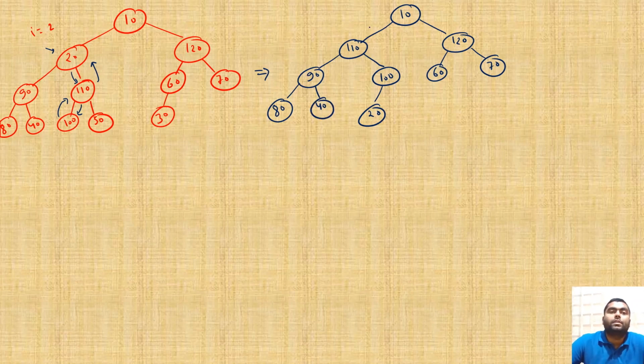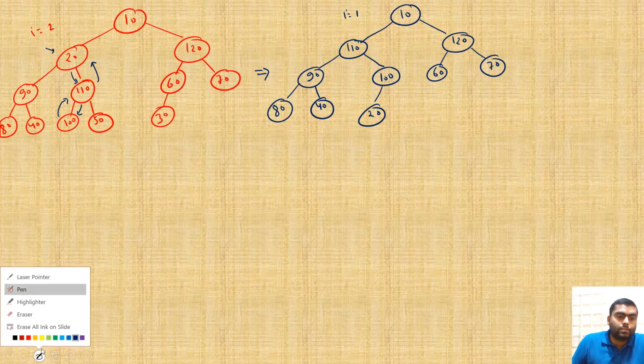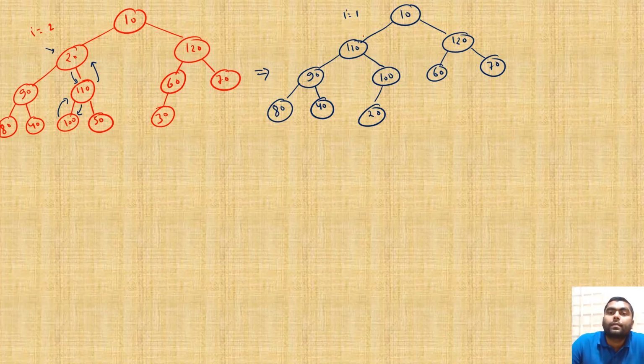Okay, now it's clear. So next for i equals 1, what will be the resultant? 120 will come over here, and 70 also comes this side, and 10 here. So what will be the final answer after that?